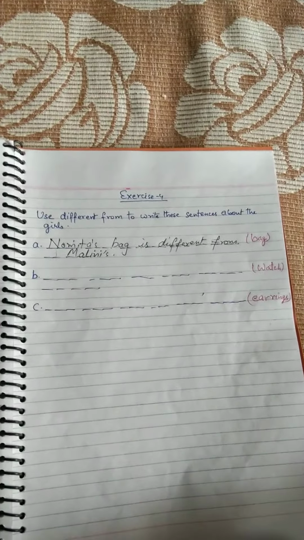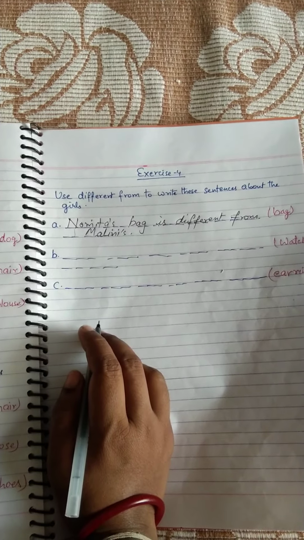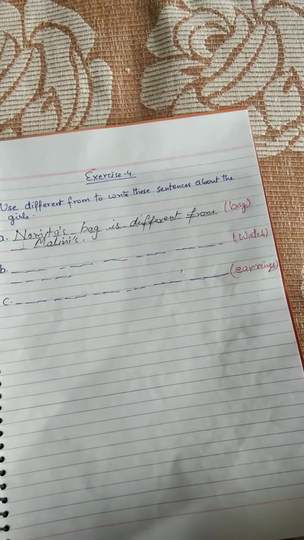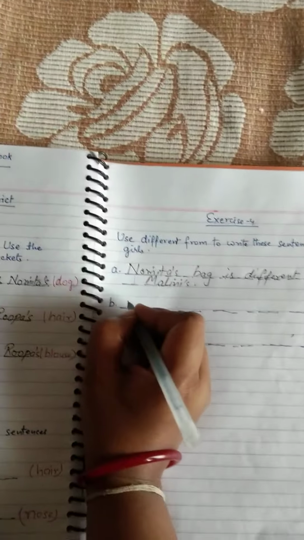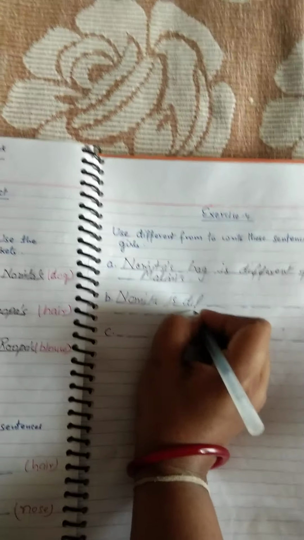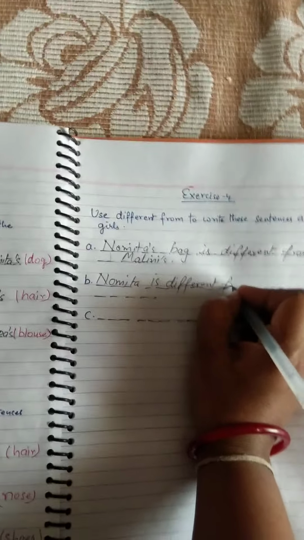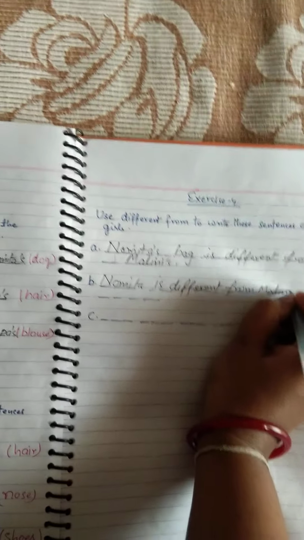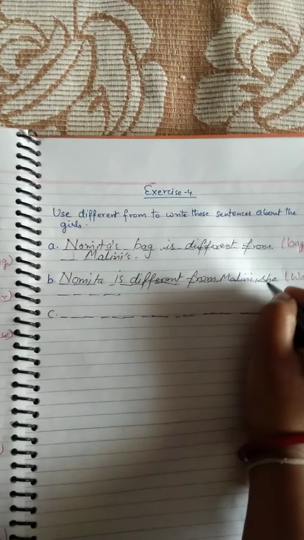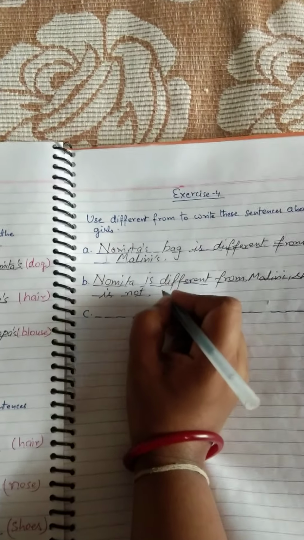The second is given, watch. So what can you write? Namita is different from Malini. Malini is not wearing a watch.